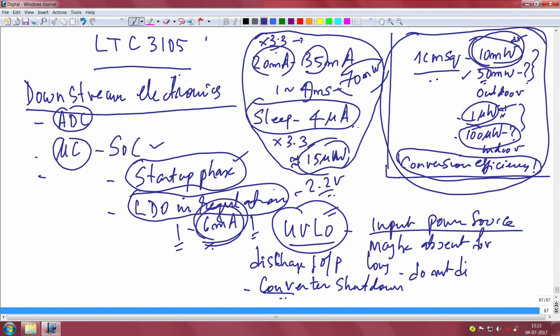So, this peak power requirement of 70 milliwatts and sleep power requirement of 15 microwatts all lead to deciding what should be the size of your panel, right. That is what I wanted to drive home, that your sizing of the panel will largely depend on how you design your power management algorithm.